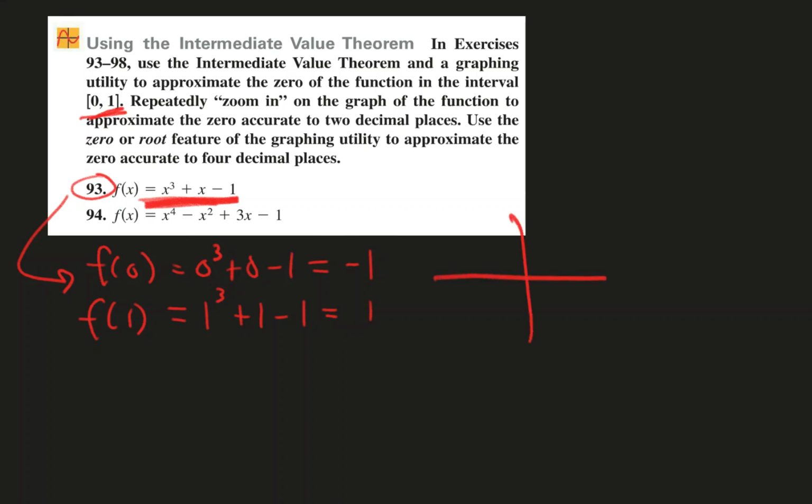So visually, if at 0 it hits -1, and then when x is 1 it hits +1, if this is a nice smooth graph, I may not know what it looks like, but I know that these are going to have to be connected somehow, and that guarantees, the whole point of the intermediate value theorem is that it guarantees that there has to be a 0 between 0 and 1, because f of 0 is negative, f of 1 is positive, it's continuous, so it has to cross that line somewhere. So we are now going to use our calculator to figure out where that occurs.